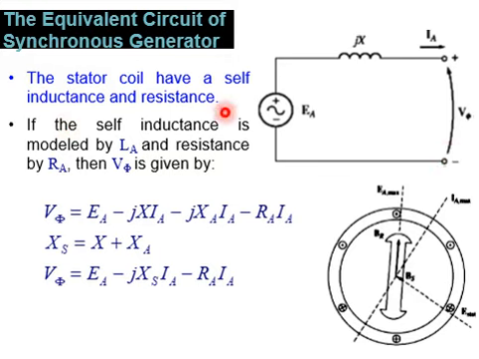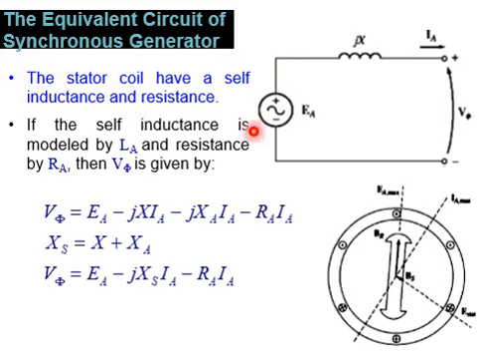So this stator coil has also the second and third distortions. Among the distortions, as we have modeled the first distortion, now we are considering the second and third distortions, which were related to the self-inductance and resistance.